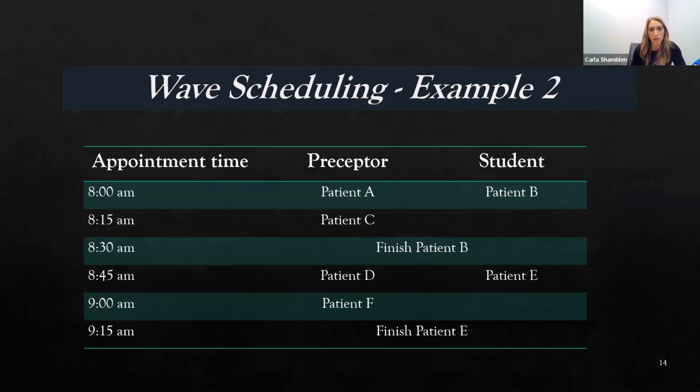And then you finish up patient B with the student at 8:30 and then move on to your patient D at 8:45, and it just kind of goes on from there. So you can see where if you have this ability to adjust your schedule, this is a great way to incorporate students into the day without impacting your productivity and your patient schedule.